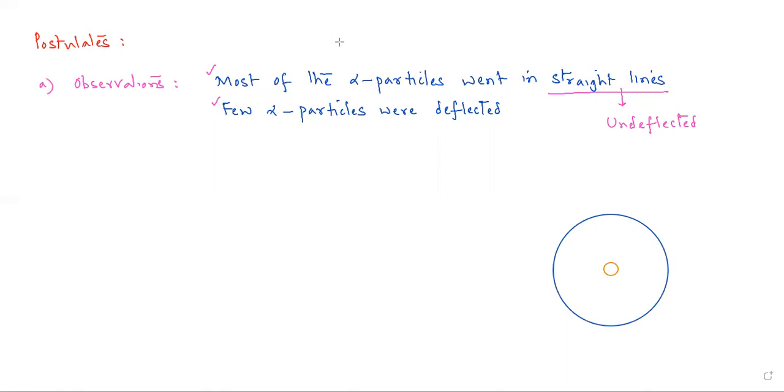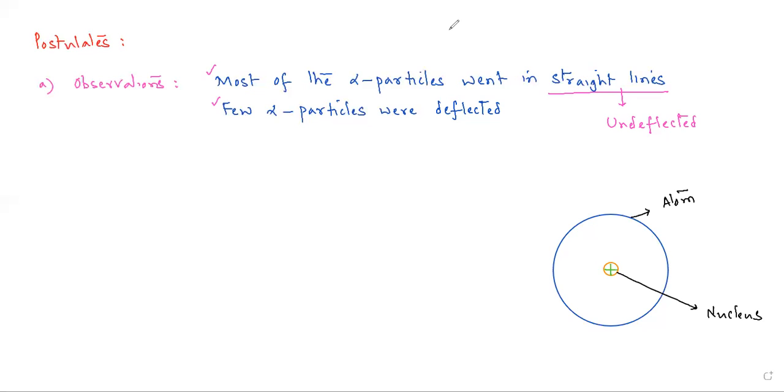Let this be the atom. And this, of course, be the nucleus. Because the nucleus that has positive charge is concentrated in a smaller portion at the center of the atom.